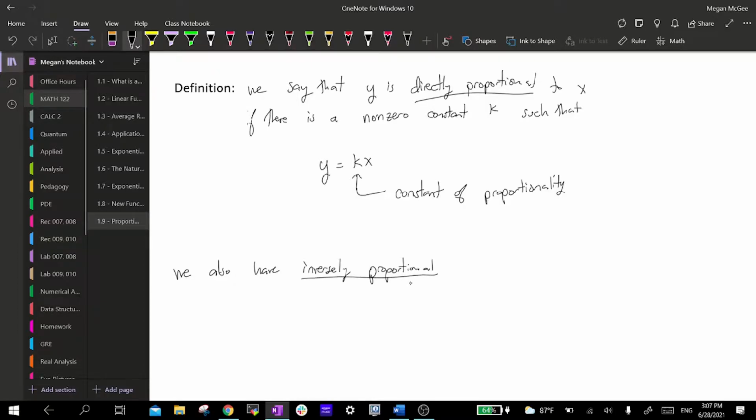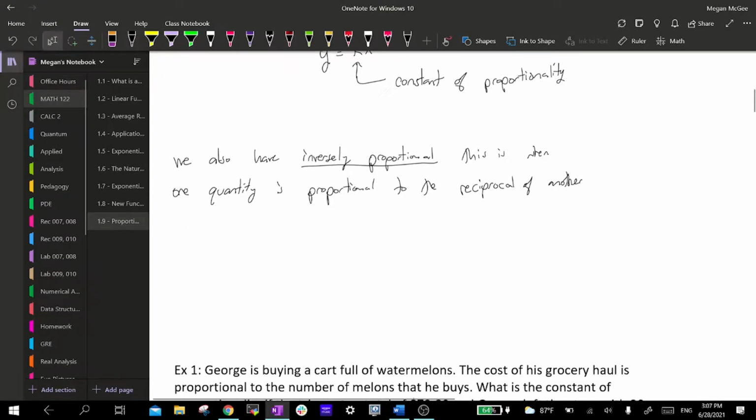Alright, so this is when one quantity is proportional to the reciprocal of another quantity. All right, so let's do an example.